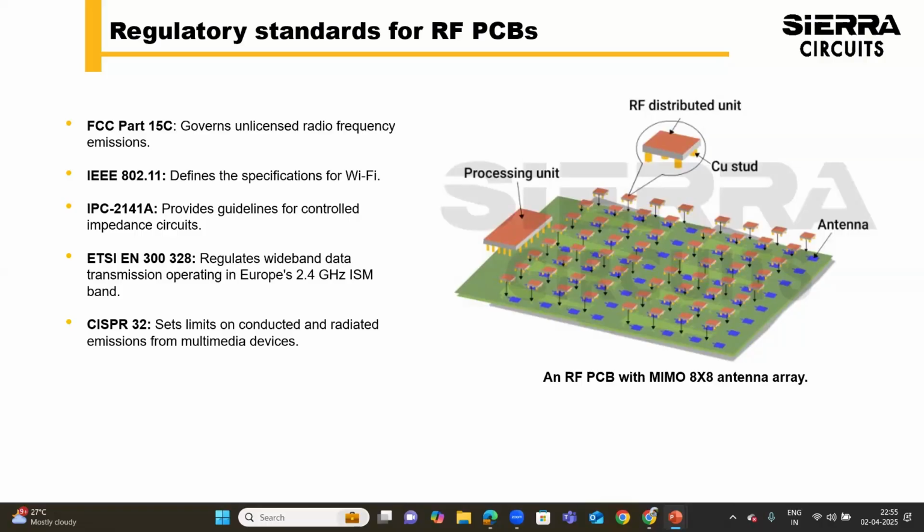For those working on controlled impedance circuits, IPC-2141A provides essential guidelines. ETSI EN 300 328 regulates wideband transmission systems, including data transmission equipment in the 2.4 gigahertz ISM band in Europe. Finally, CISPR 32. This sets limits on conducted and radiated emissions from multimedia devices.